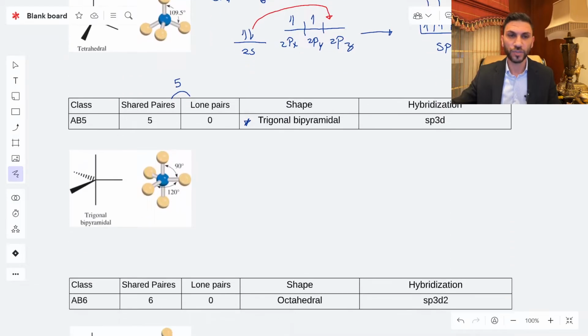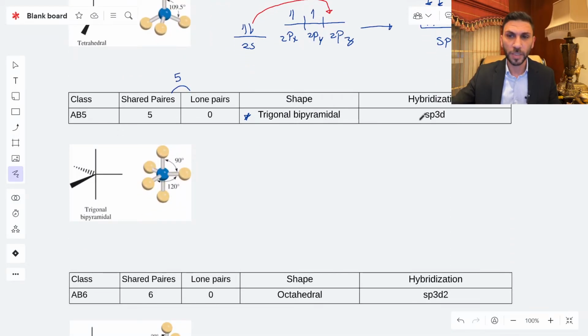But trigonal bipyramidal has 5 total pairs, all of them shared. We don't have any lone pair.